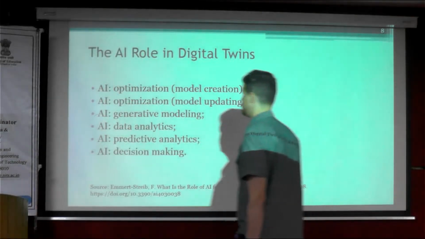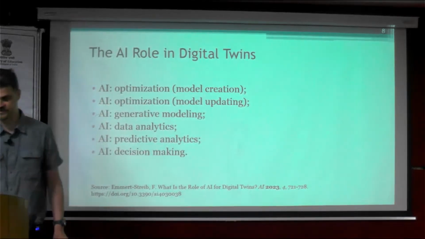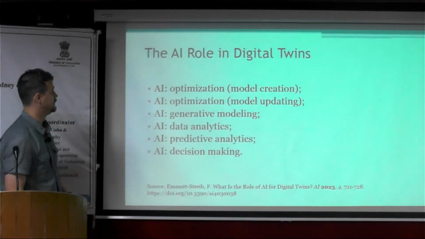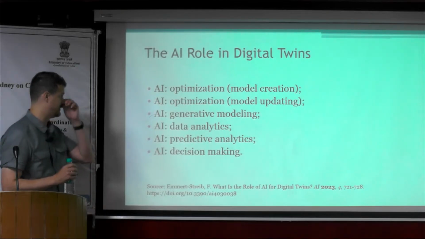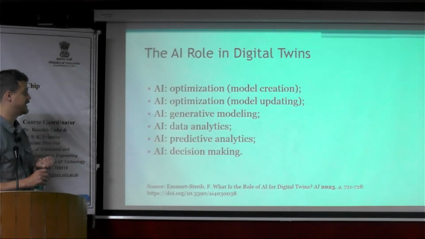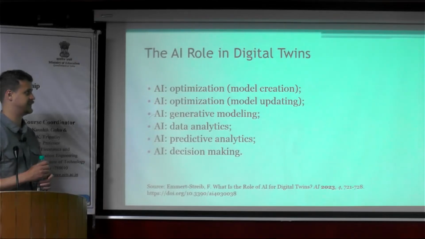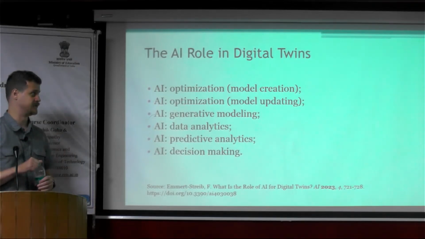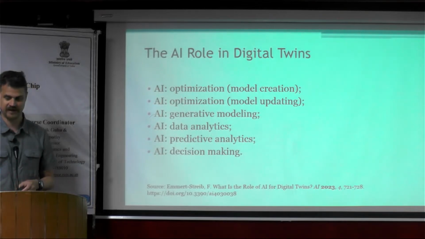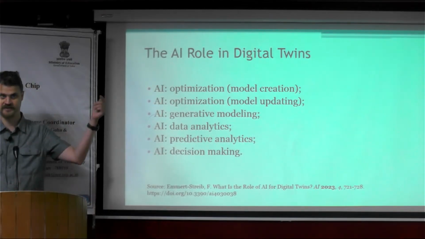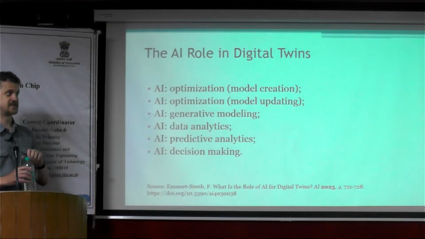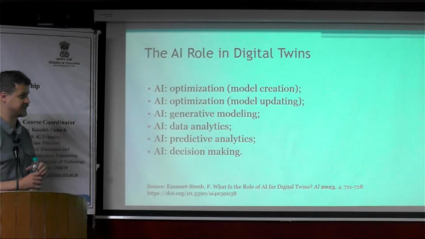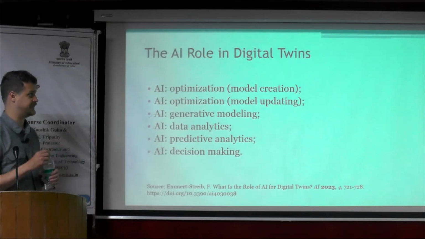So the summary of this lecture will be as follows. We need the AI for the following roles within the digital twin. So it's AI optimization, both in regards of model creation and model updating, because again, we're talking about the system where there's bi-directional exchange of data between the physical counterpart and the digital twin.